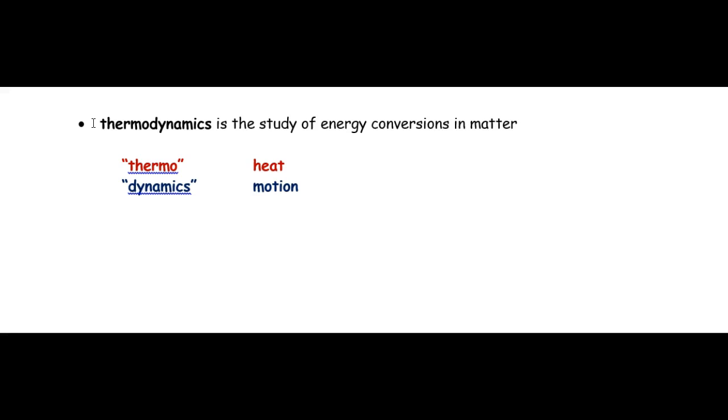What is thermodynamics? It's basically when we take a look at those energy conversions that are happening in matter from one form to another, say for instance kinetic to potential, or kinetic to kinetic, and so on and so forth. What we're really talking about is just energy changes within a system.